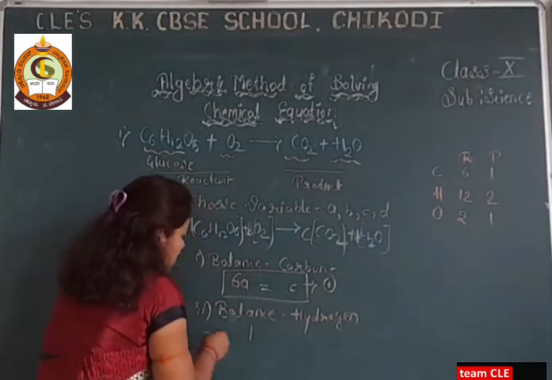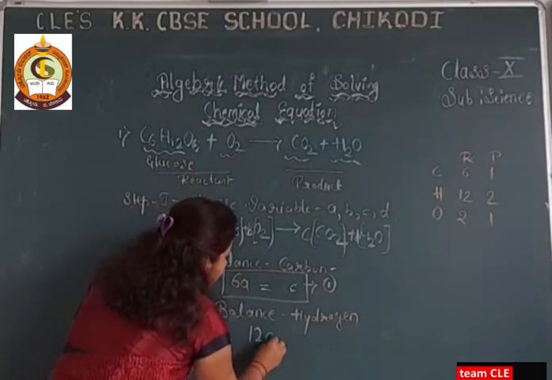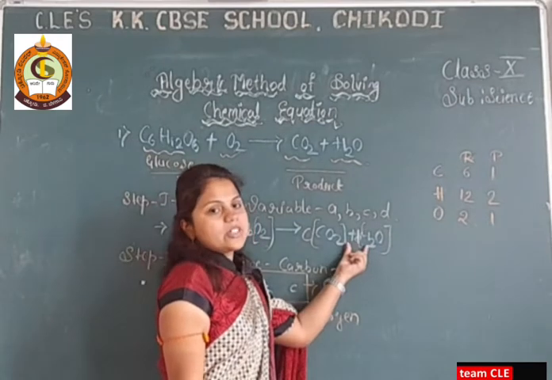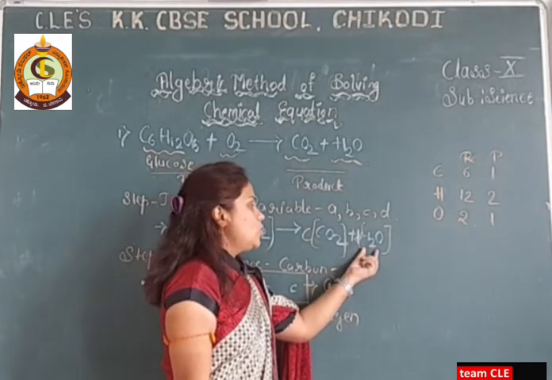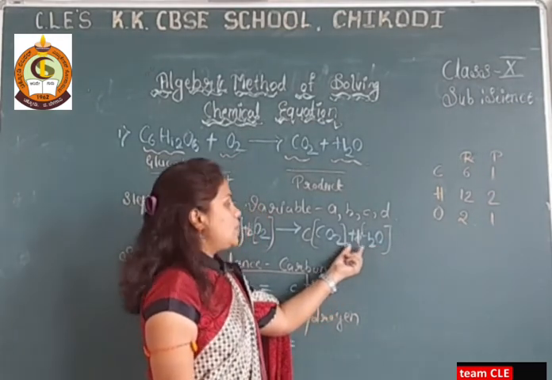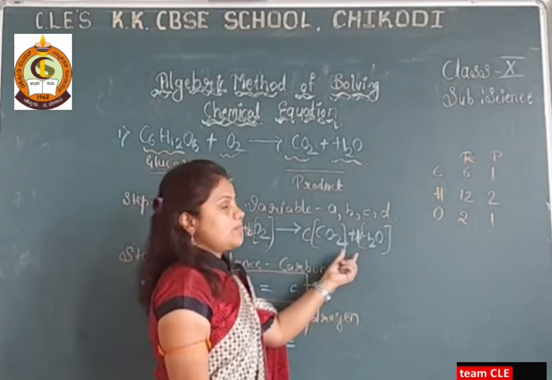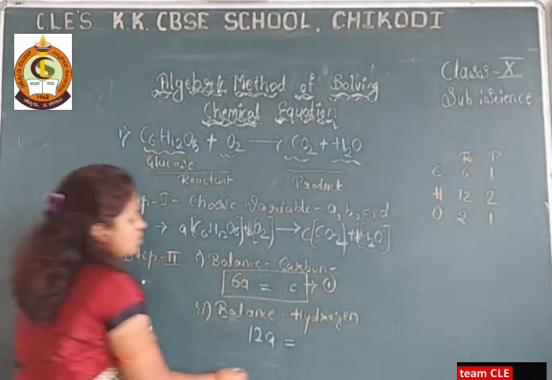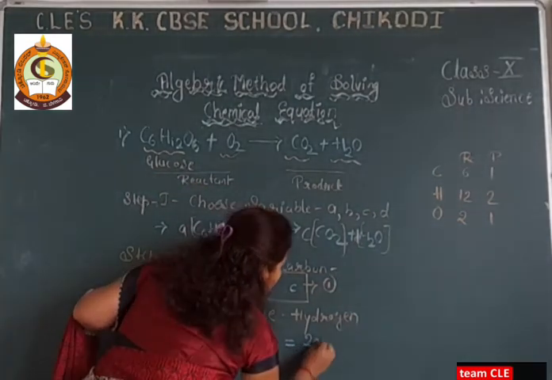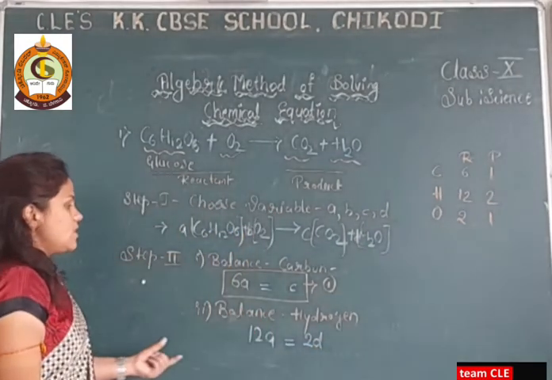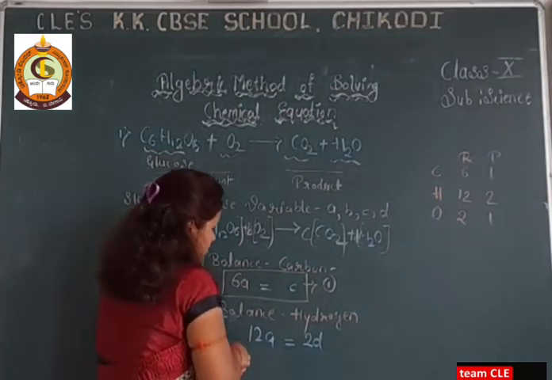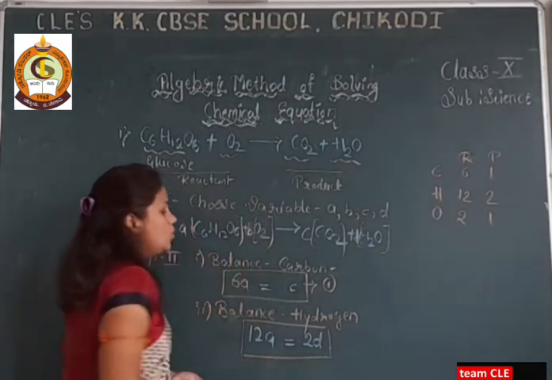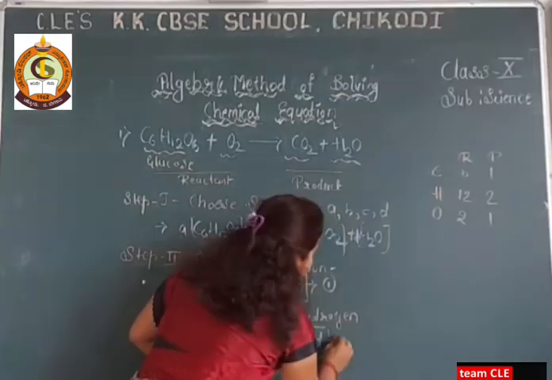It gives rise to 12A is equal to. Here how many hydrogens are present? It is 2. This 2 you multiply with D. What do you get? 2D. Dear students, this is our second equation: 12A is equal to 2D.